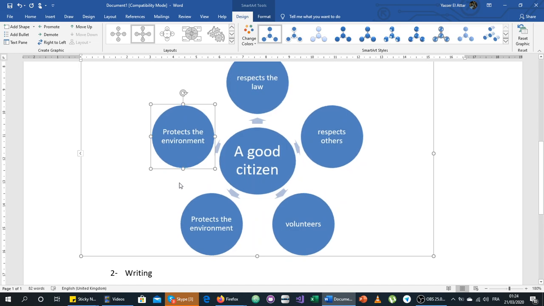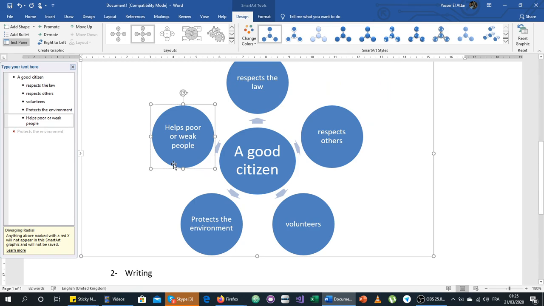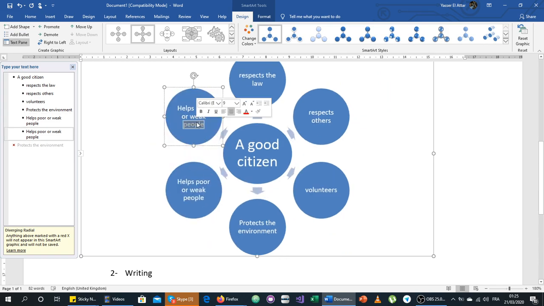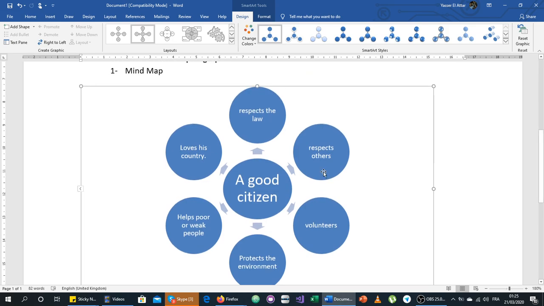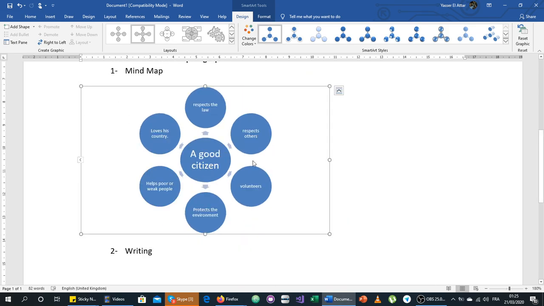Let's add more details, for example, helps poor or weak people, loves his country, and so on and so on. We have a lot of details. So this is what we call a mind map.